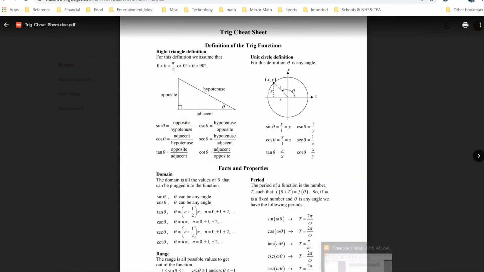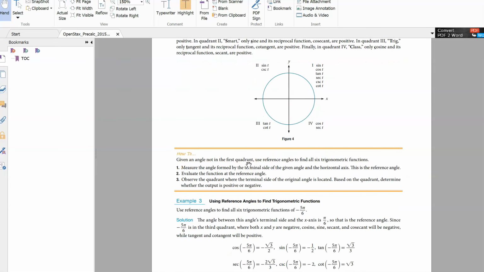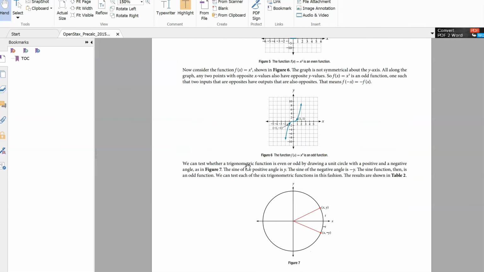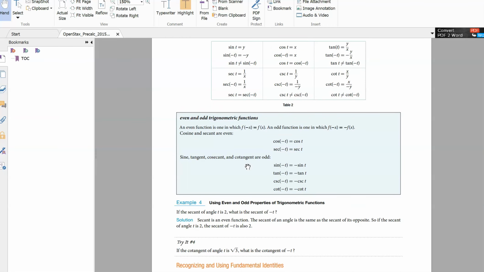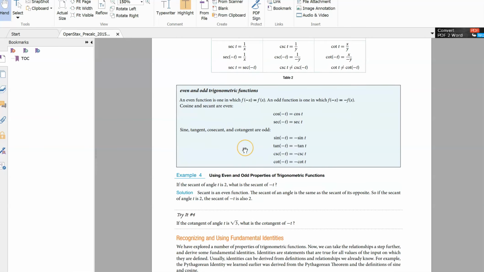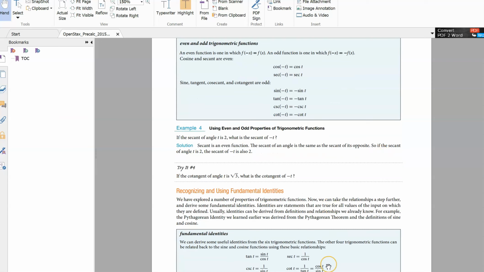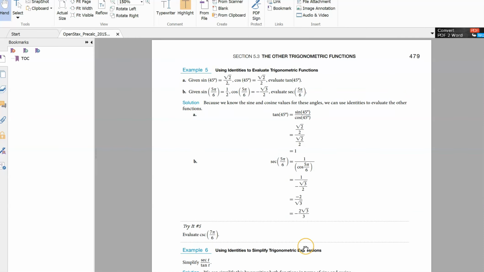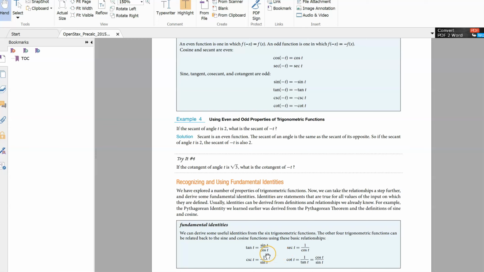But you can reduce it by looking at the ones in this particular section. So this blue section here on page 478, these two blue sections are going to be pretty valuable to us. This bottom section that has the reciprocal relationships are useful. And this particular one for this problem.